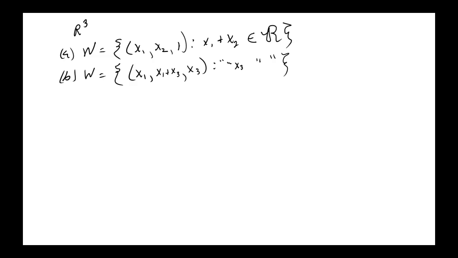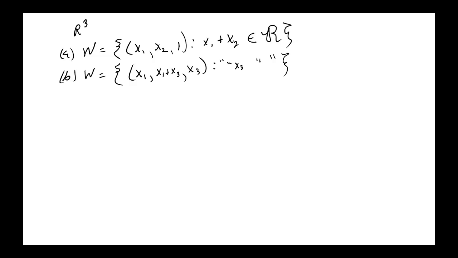Both. Okay? Why? Because the first, even though it has a 1 for limited values, it can still pass through the origin, right?